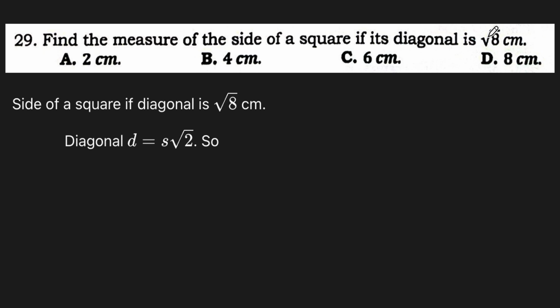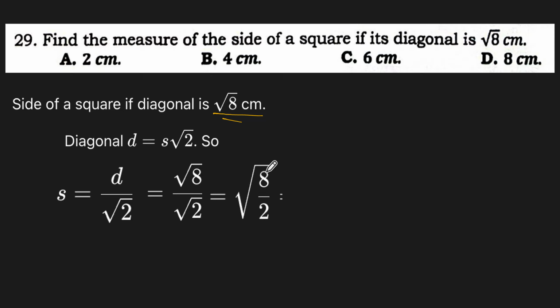Next, find the measure of the side of the square if its diagonal is square root of 8. So here, we have the diagonal d equals s square root of 2. So s is equal to d over square root of 2. In this case, we have the square root of 8, which is the value of the diagonal, over square root of 2.